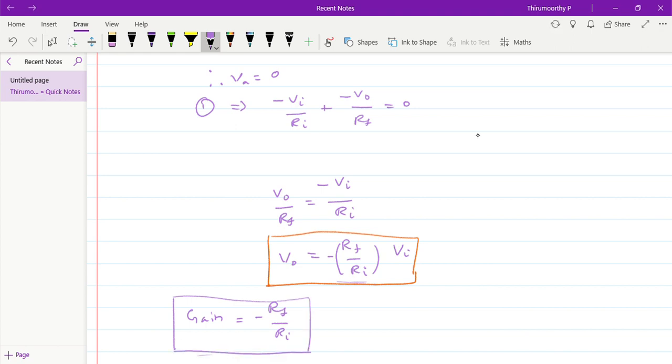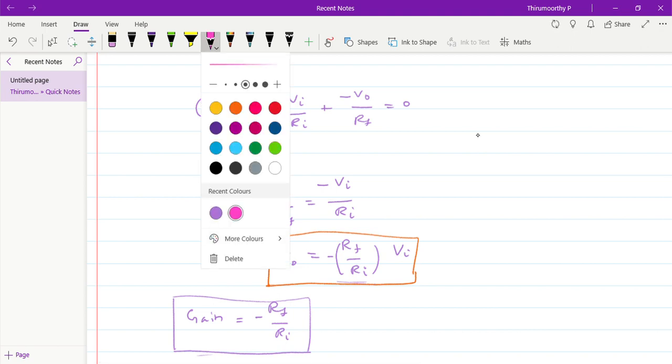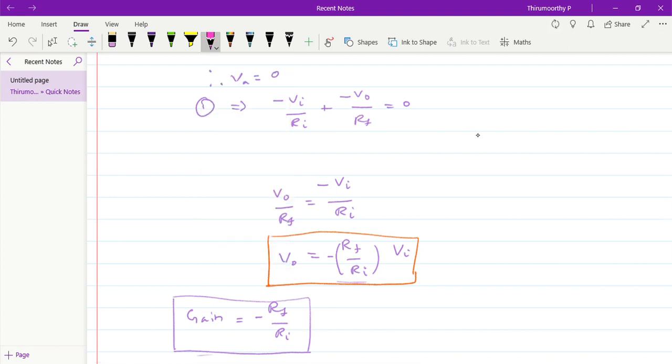Here the minus sign indicates it is inverting. This is for inverting amplifier. This is magnitude of gain.